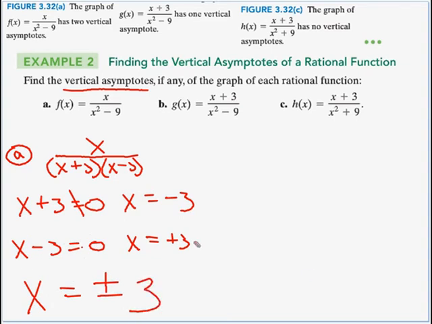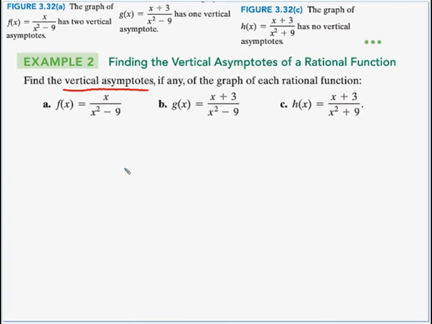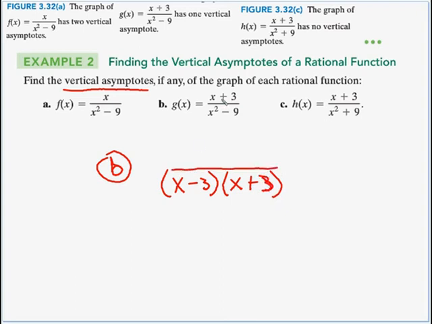All right, letter B looks a lot like letter A. For letter B, the denominator is the same. So when I look at that, I immediately want to start factoring. That breaks down into a sum and a difference. But now look at our numerator. x plus 3 is our numerator. So the x plus 3 we can cancel out.